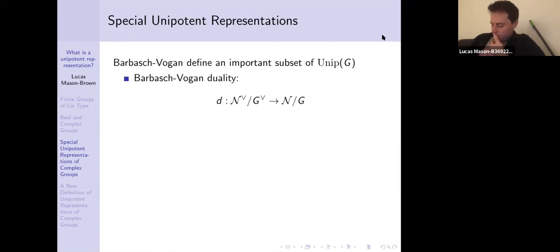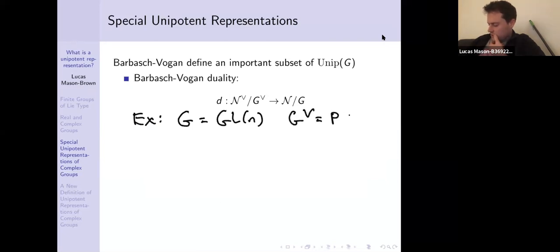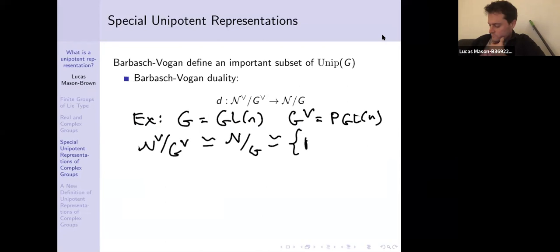For example, if G is GLN, then G check is PGLN, and both the domain and codomain are parameterized by partitions of N. And this duality map is just the transpose map on the level of partitions.